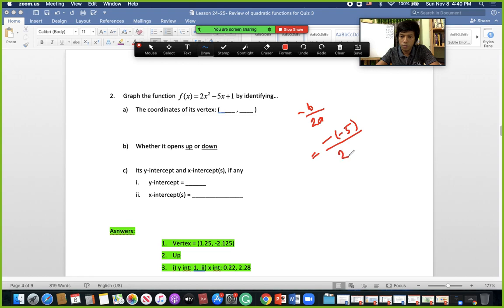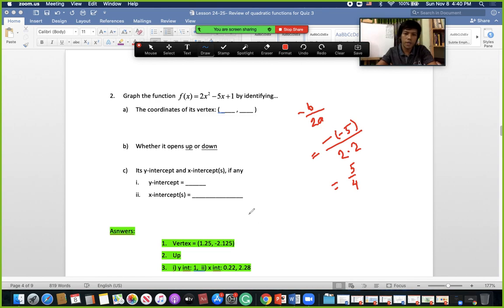Then 2 into a, a means 2. So you have 5 divided by 4. 5 divided by 4 means 1.25.